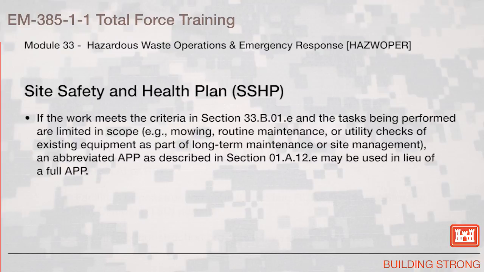If the work meets the criteria in Section 33.B.01.E and the tasks being performed are limited in scope, for example, mowing, routine maintenance, or utility checks of existing equipment as part of long-term maintenance or site management, an abbreviated APP as described in Section 01.A.12.E may be used in lieu of a full accident prevention plan.